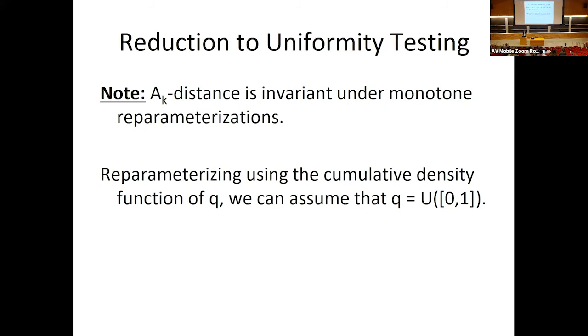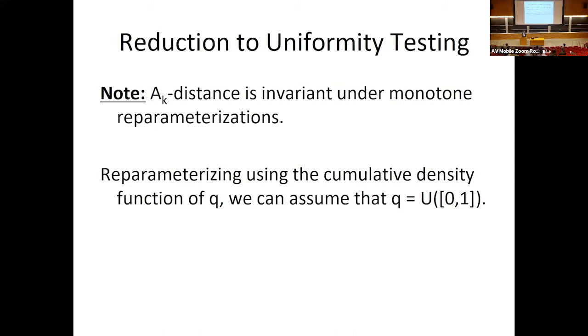Okay, so before I get into the proof of this, I want to quickly make a note that for AK testing, uniformity testing and identity testing are basically the same thing. This is because AK distance is invariant under monotone reparameterizations of the interval.